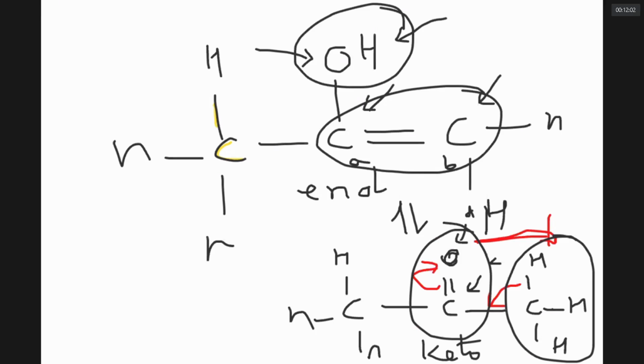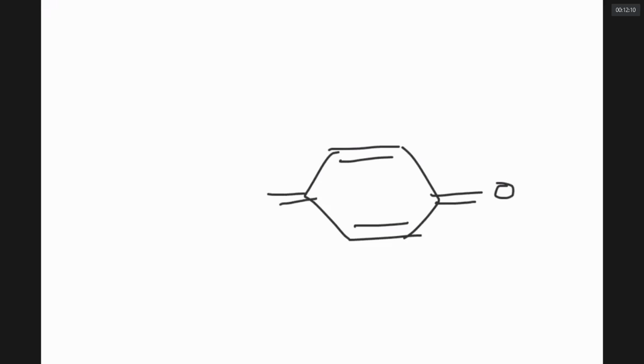Suppose here you look, everybody has a double bond. Can you show tautomerism? Yes or no? No, sir. Why no? Every atom is making a double bond somewhere or other.